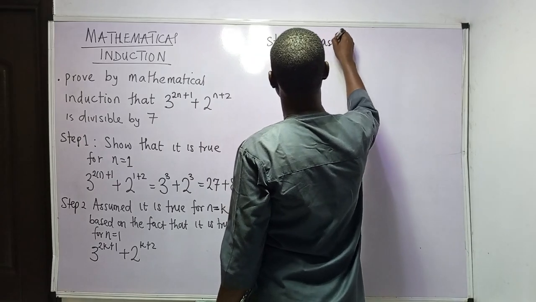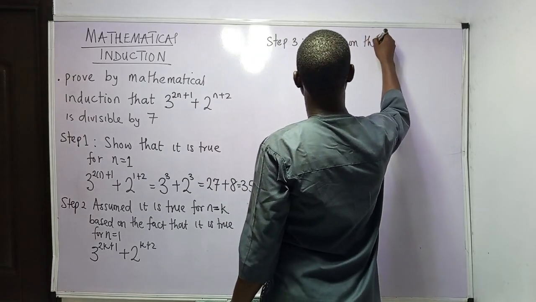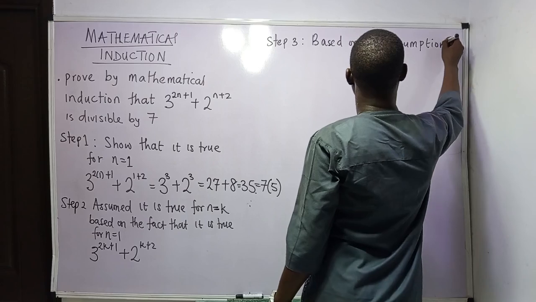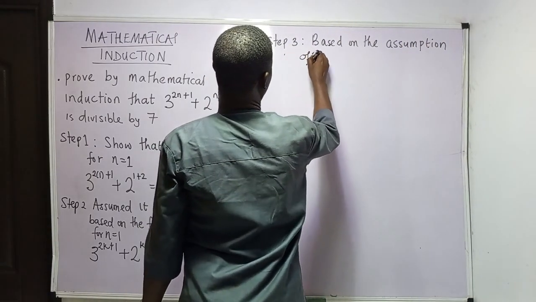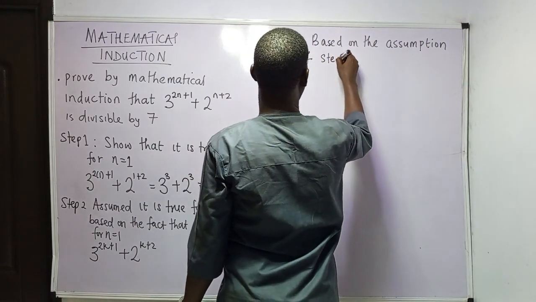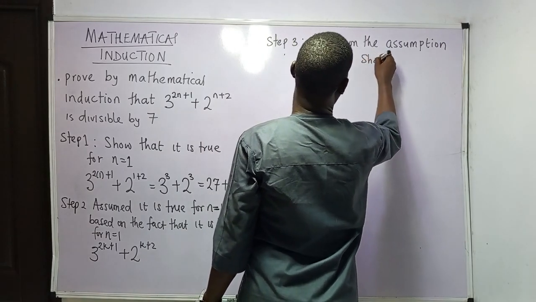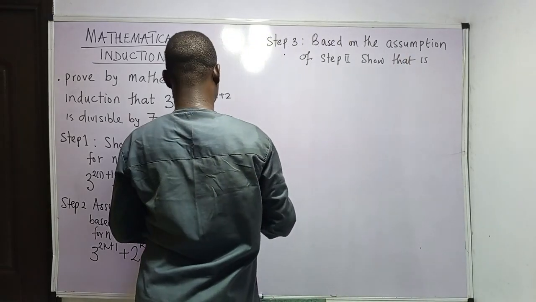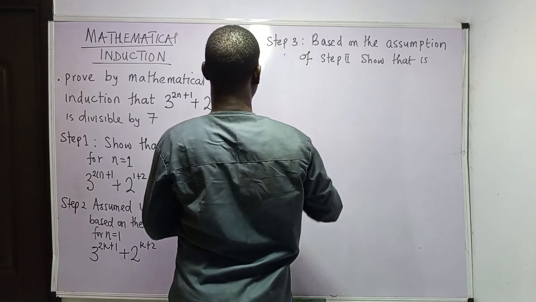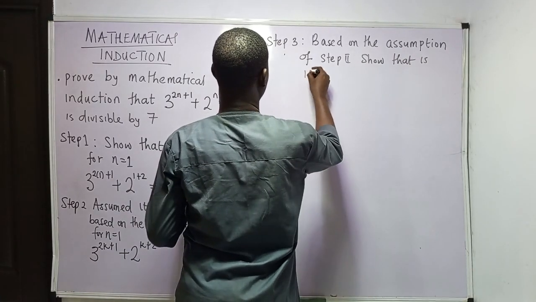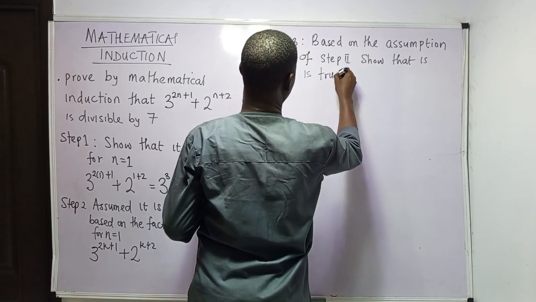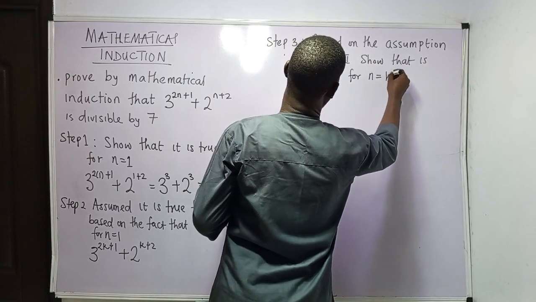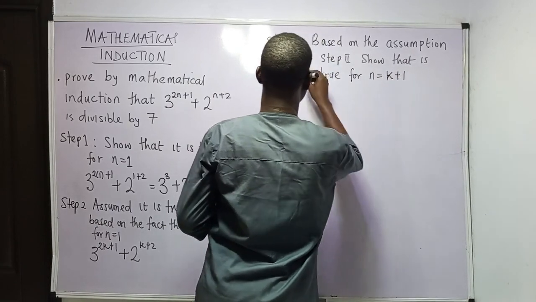Based on the assumption of step 2, show that it is true for n equal to k plus 1.